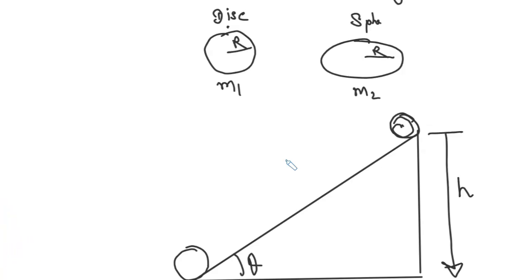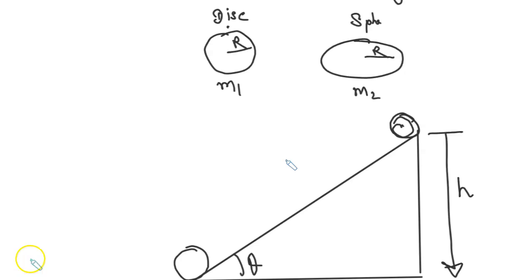Is it clear? So how to do it now? Which one has more potential energy? m1 g h. Then what is the kinetic energy of the disk at the bottom?